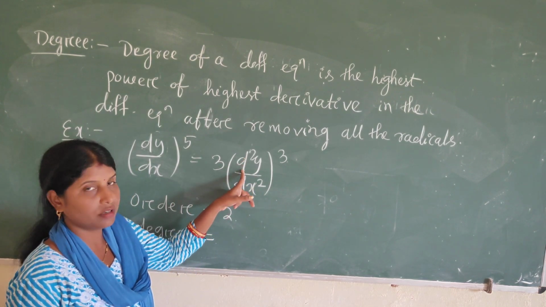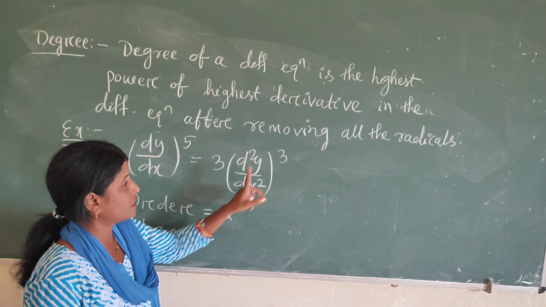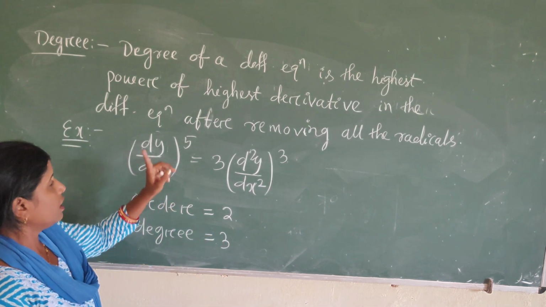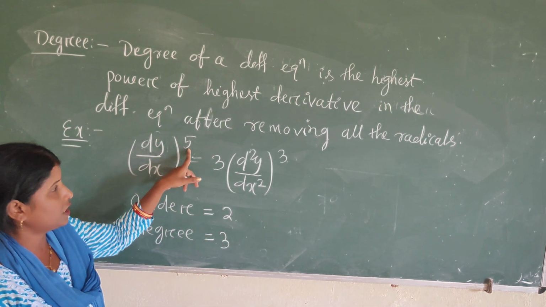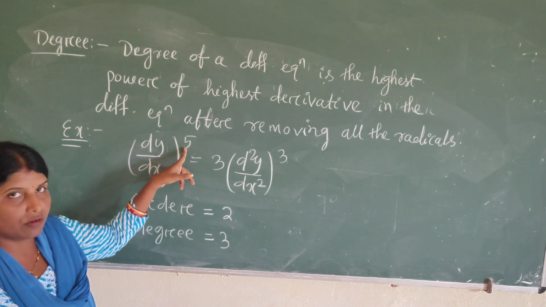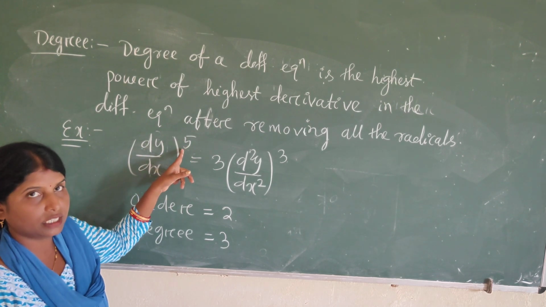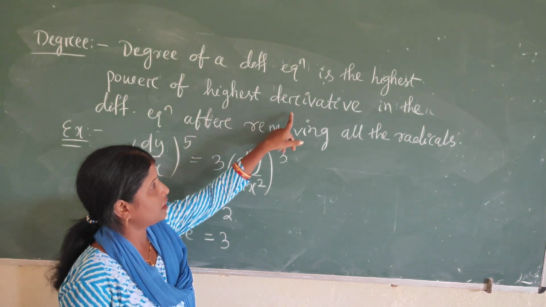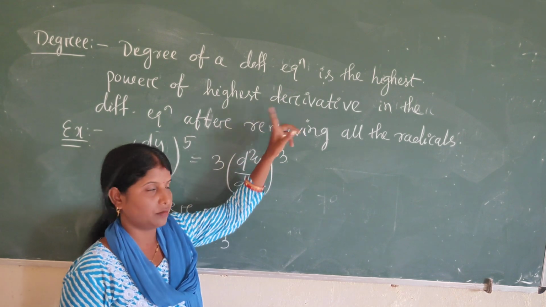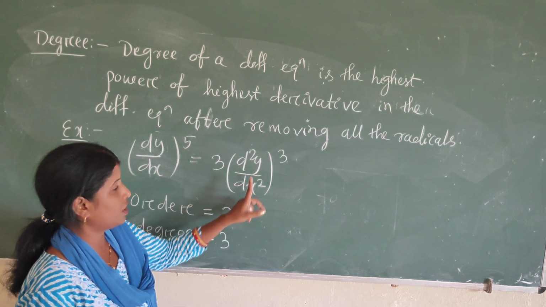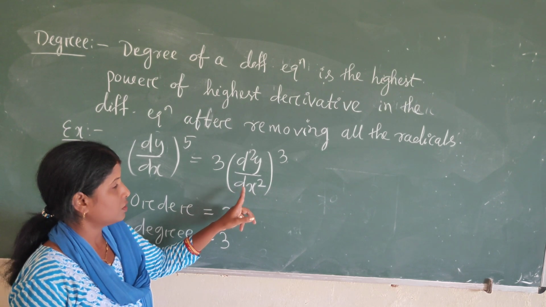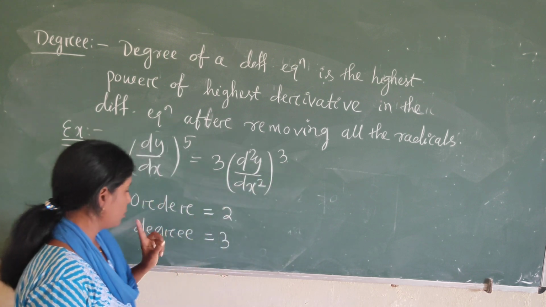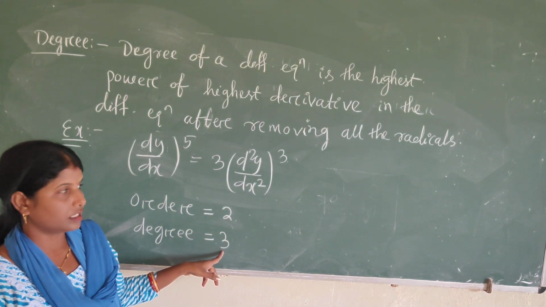The highest derivative is d square y by dx square, and its power is 3. So our degree is 3. Here dy by dx has power 5, which is the highest power, but this is not our degree. Why? Because the definition says the power of the highest derivative. The highest derivative is d square y by dx square, so we take its power as the degree. Its power is 3, so our degree is 3.